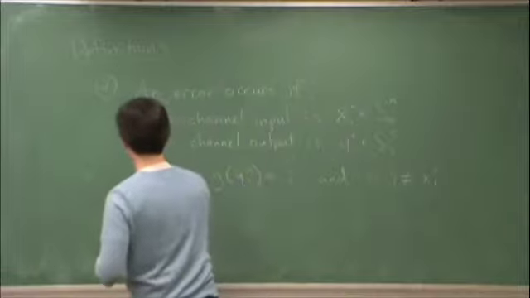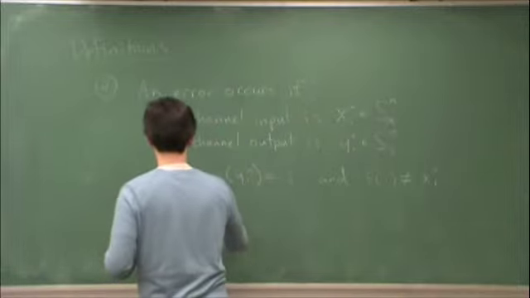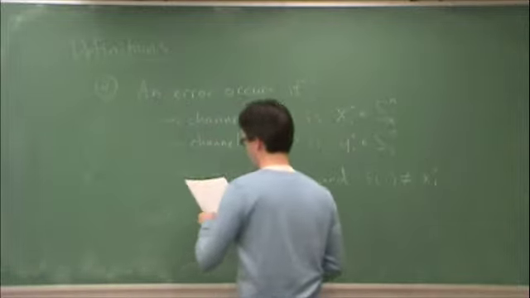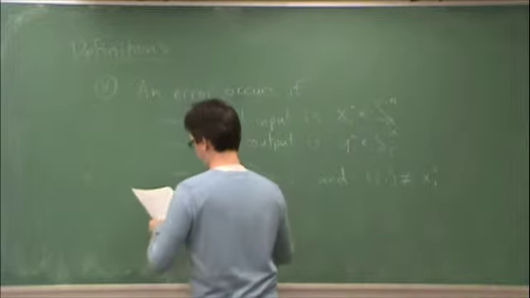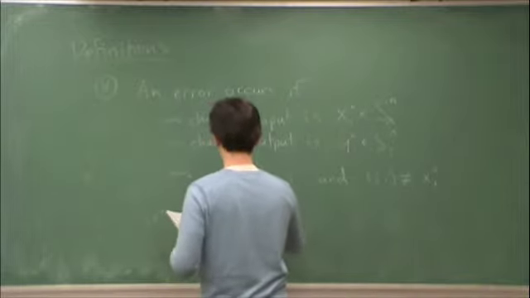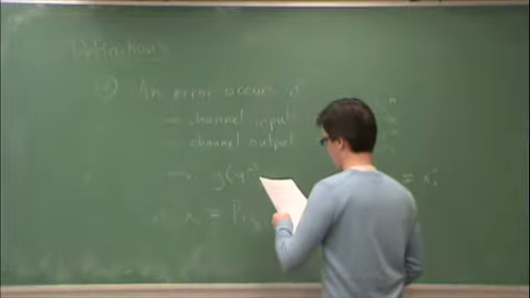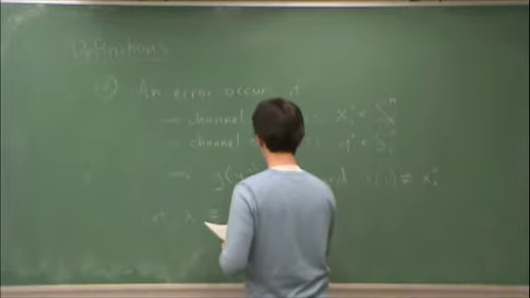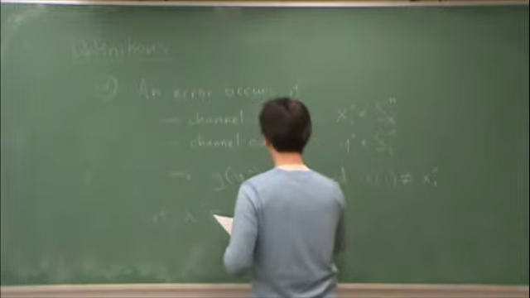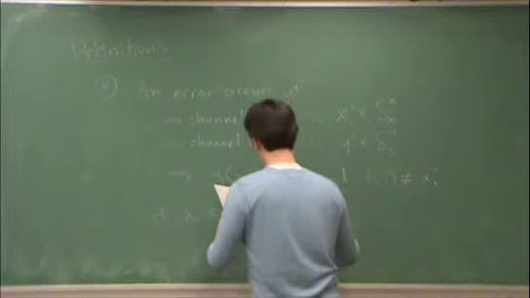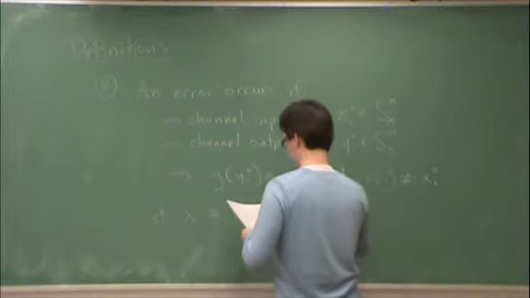So we will let lambda I represent the probability of error. This is the probability of this event. That's the probability that g of y from 1 to n is not equal to I.